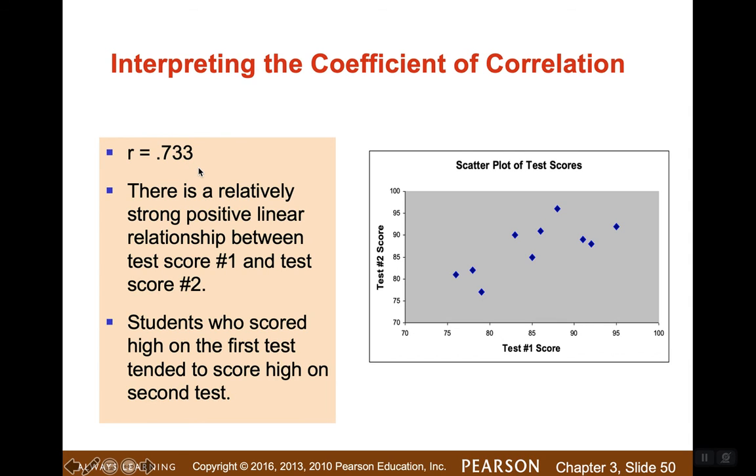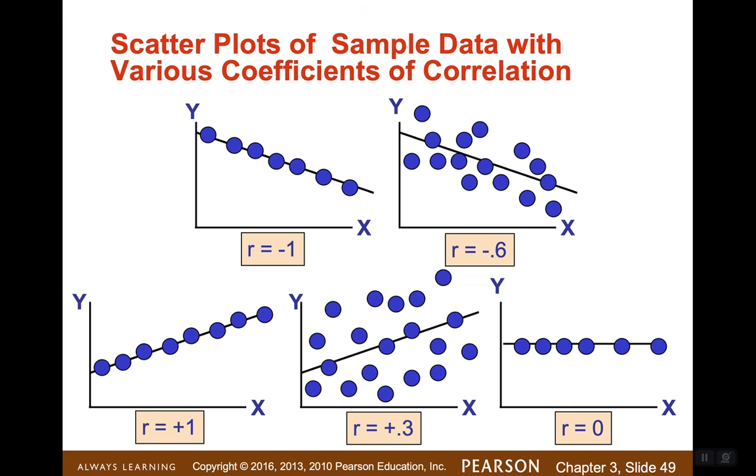That means it's greater than 0 but less than 1, so the curve for 0.733 will be between these two plots. The curve will go up, and there would be a tighter distribution around the line than there would be here.